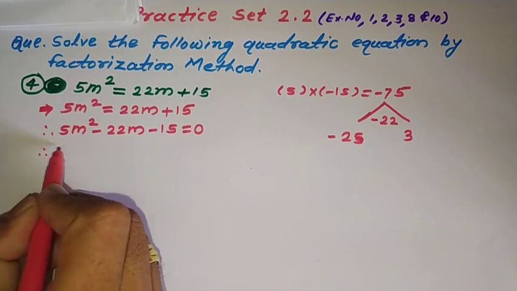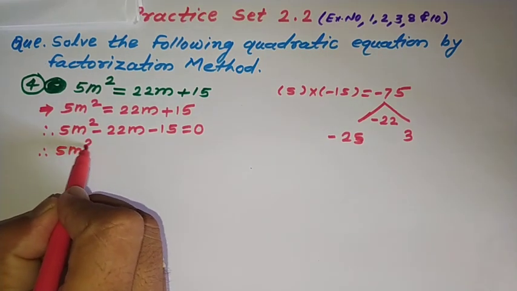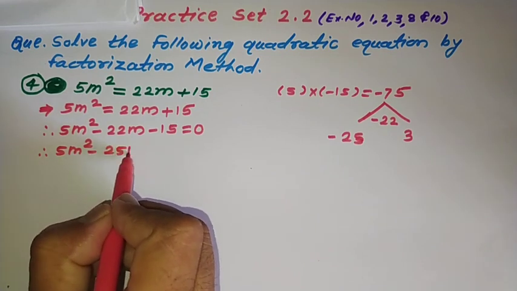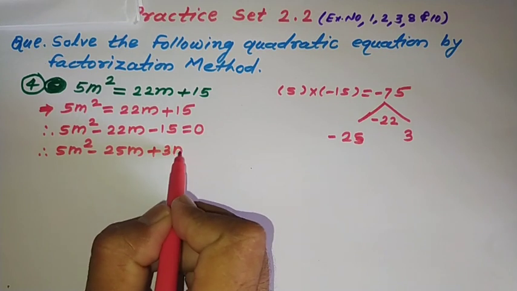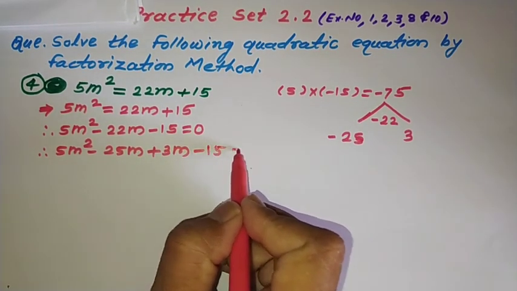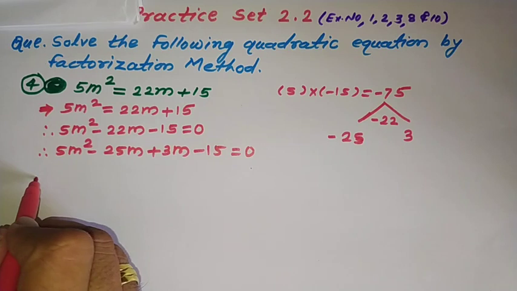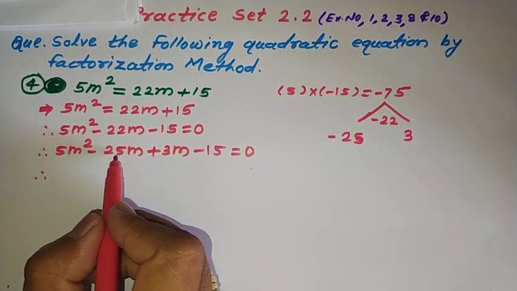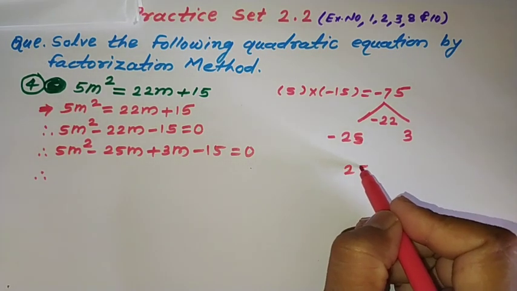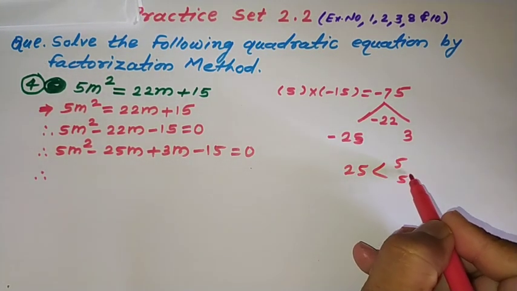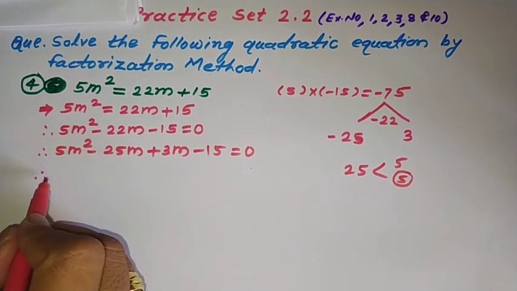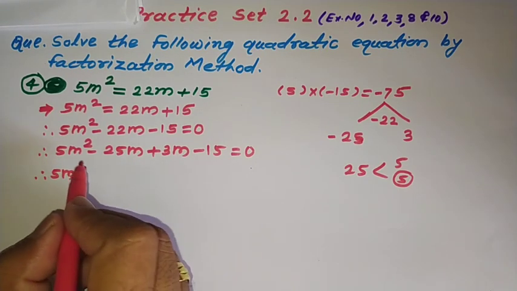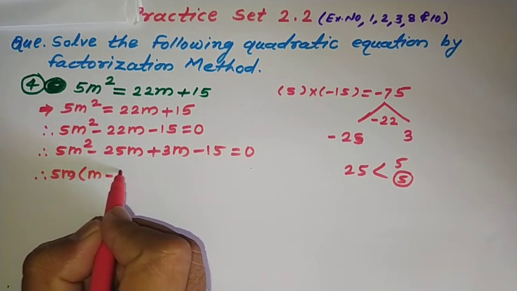Write down these factors: minus 22m means minus 25m plus 3m, minus 15 is equal to 0. Find the common factor. In the first two terms, m is common and 5 is common, since 25 is 5 into 5. 5m is common, remaining m minus 5.